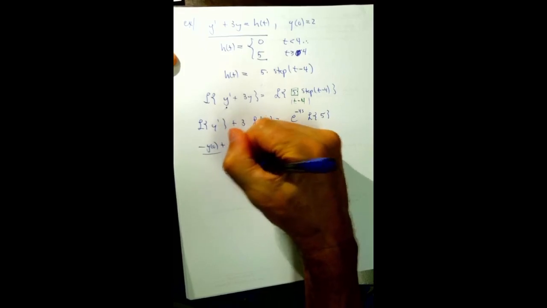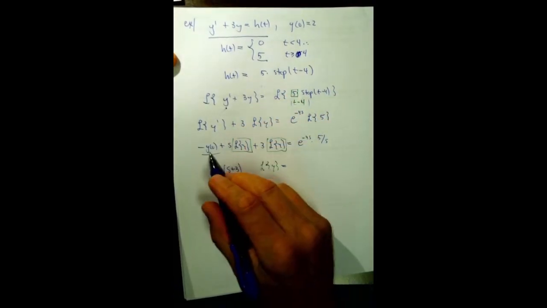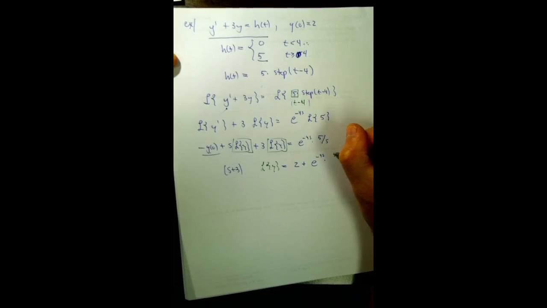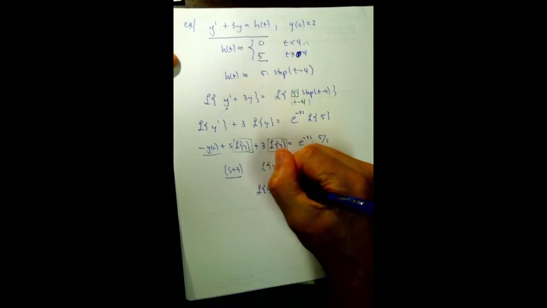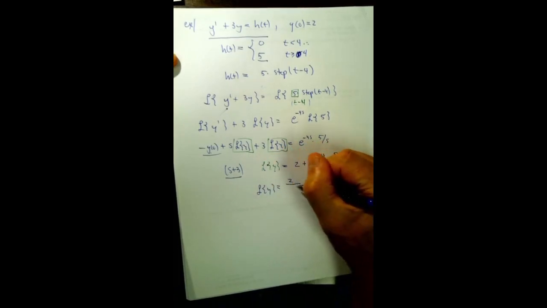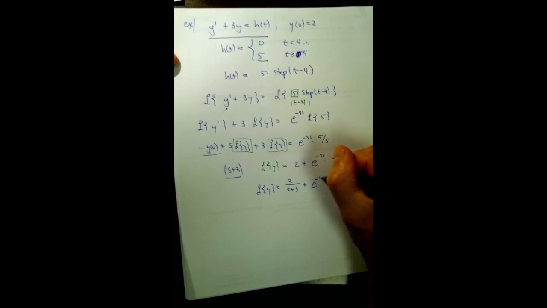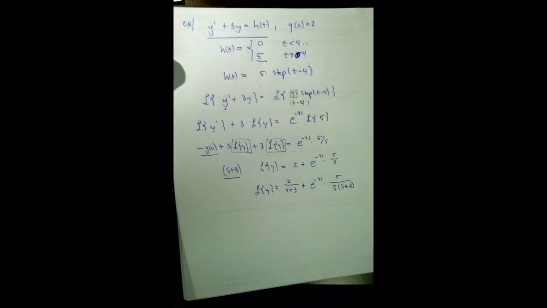So from these two terms, I can factor out a Laplace transform of y. If I add that to both sides, I'm going to get 2 plus e to the minus 4s times 5 over s. Now divide both sides by that. I get the Laplace transform of y is 2 over s plus 3, plus e to the minus 4s times 5 over s times s plus 3.